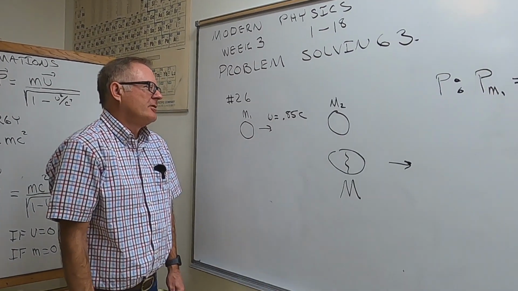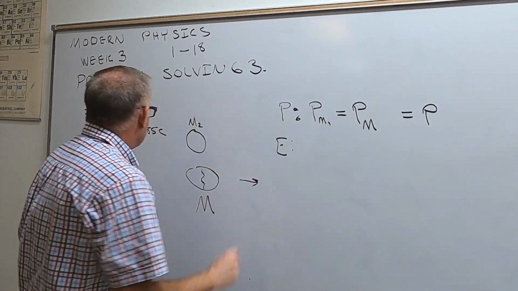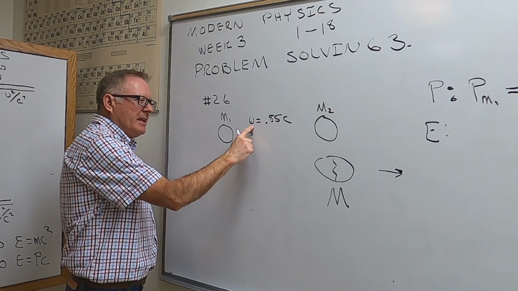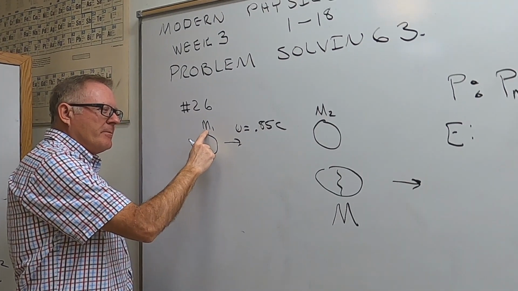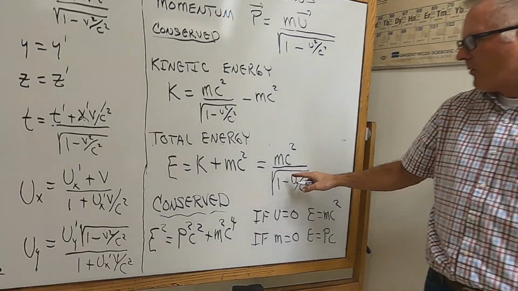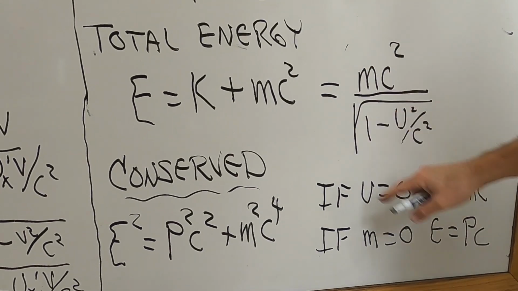Now I'll look at the energy equation right here. Since they gave me U and they gave me M1, I'll just find it from right here. I know M and I know U, so I've got the total energy from right here.